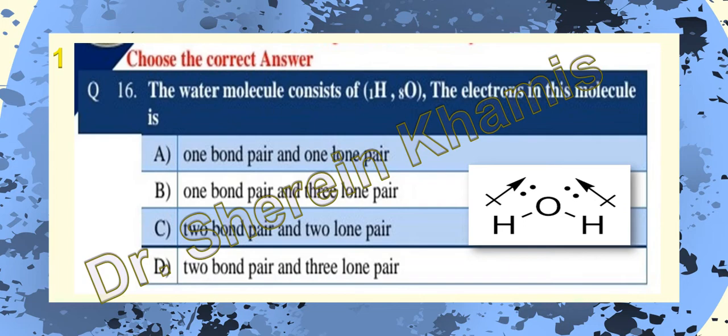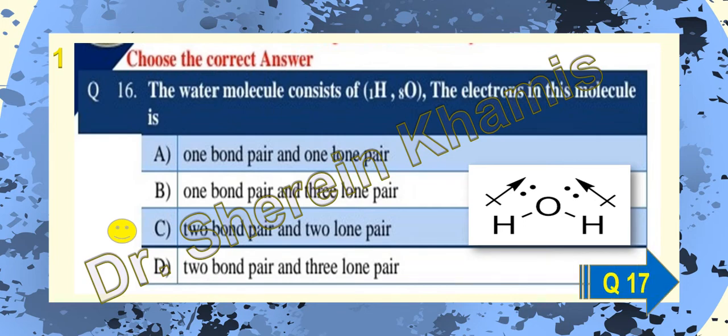The second is one bond pair and 3 lone pairs. The third is 2 bond pairs and 2 lone pairs. The fourth is 2 bond pairs and 3 lone pairs. The right answer is number 3: 2 bond pairs and 2 lone pairs. The 2 bond pairs form 4 electrons and the 2 lone pairs form 4, giving 8 electrons at the end, forming the octet rule.